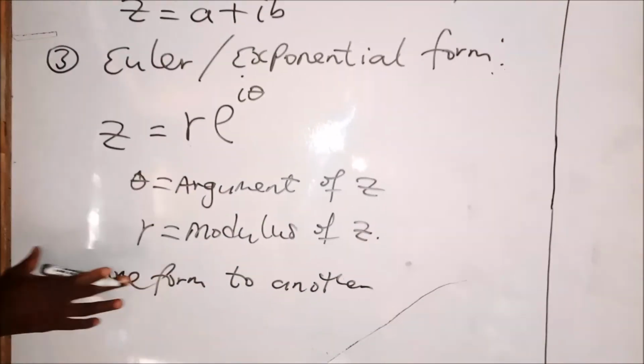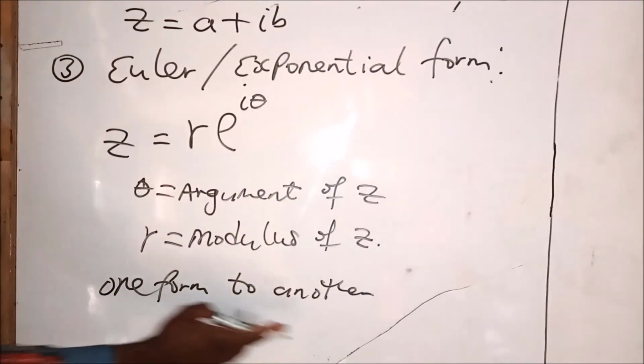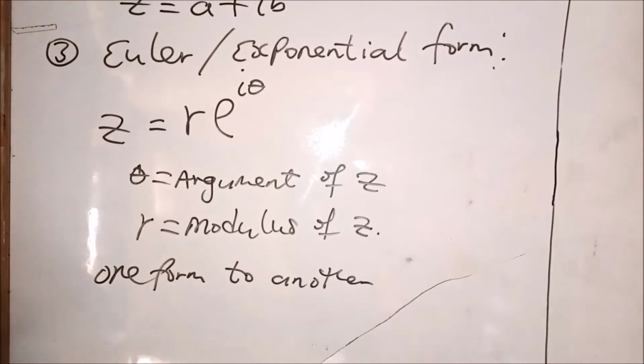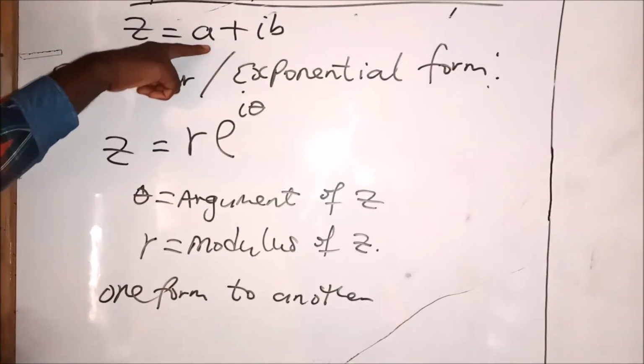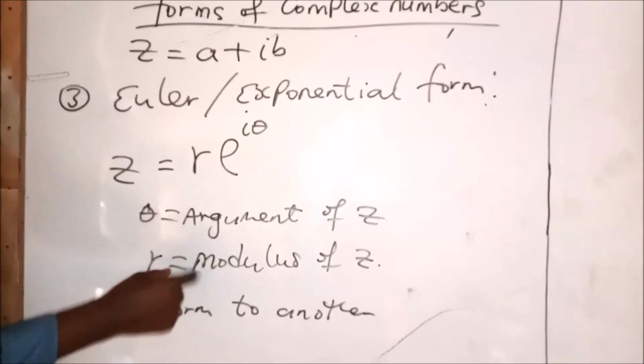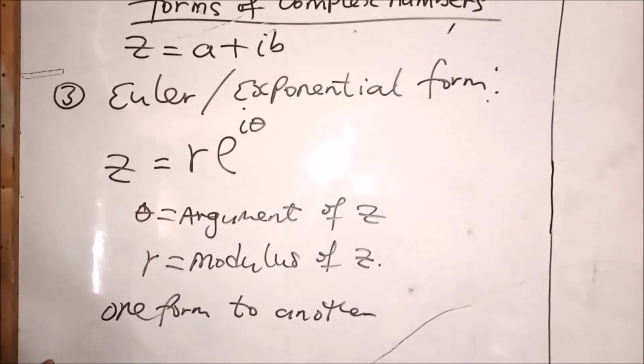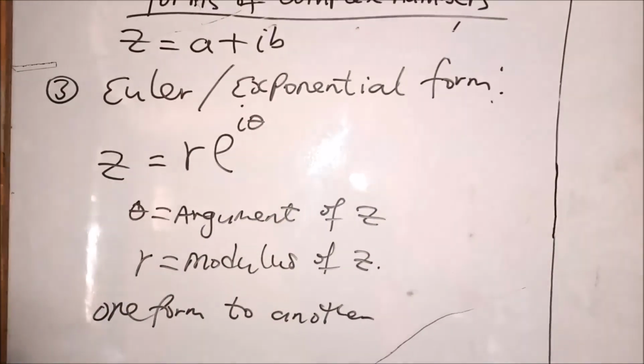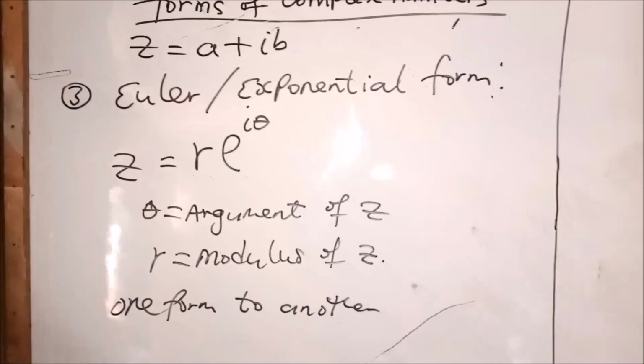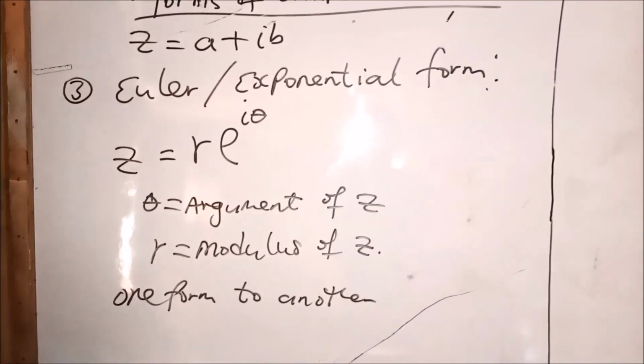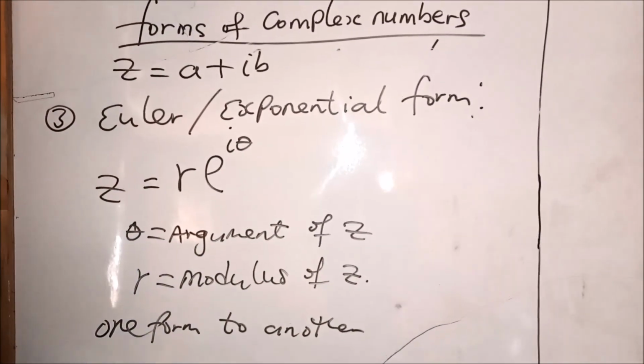So complex numbers can be converted from one form to another form. That means a complex number in rectangular form can be converted to a complex number in polar form or in Euler form. So in our next video, we are going to see how we can do these conversions.